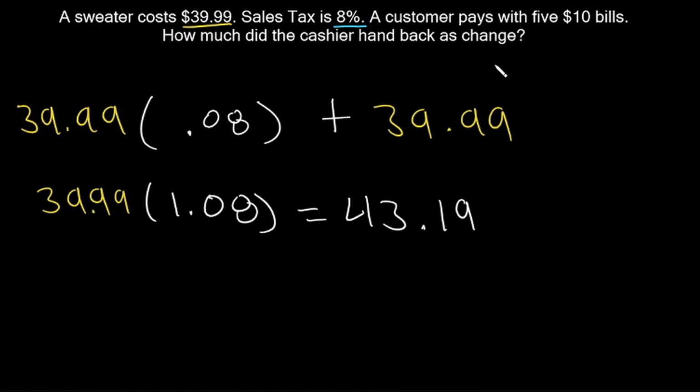But if you look here, it says the customer pays with 5 $10 bills. So they didn't pay exactly $43.19. They paid with 5 $10 bills, so that would be $50. So now we need to subtract our total to get change.